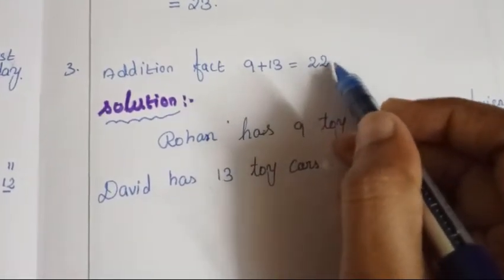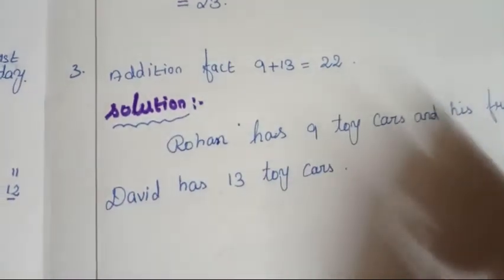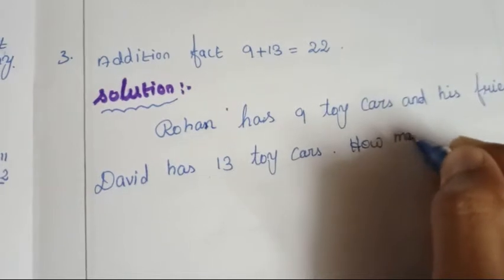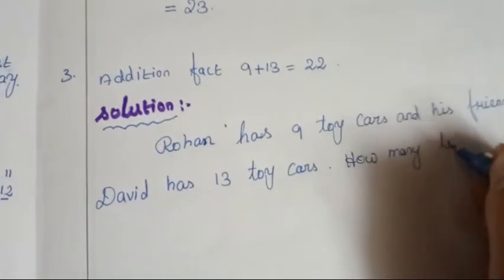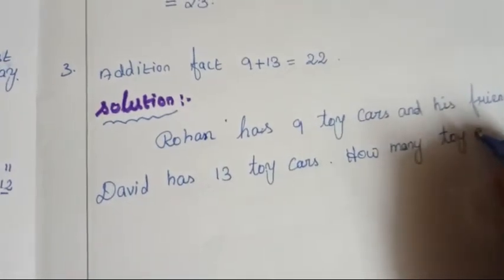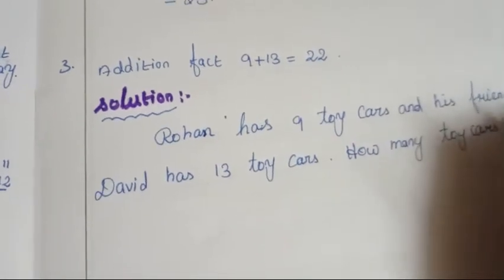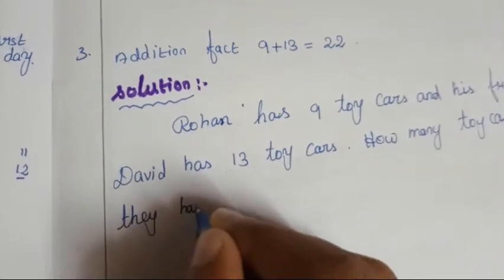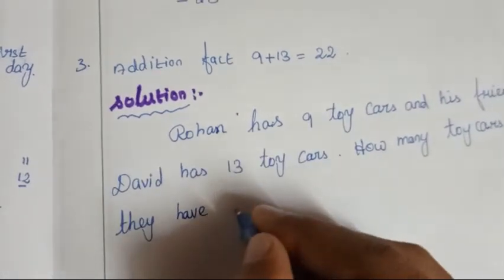We have to write the question for this 22. So you can write: how many toy cars do they have together?